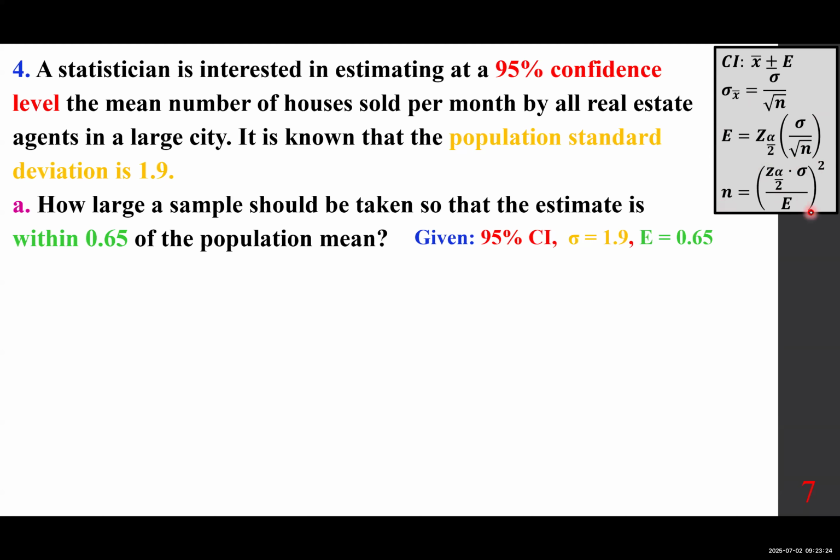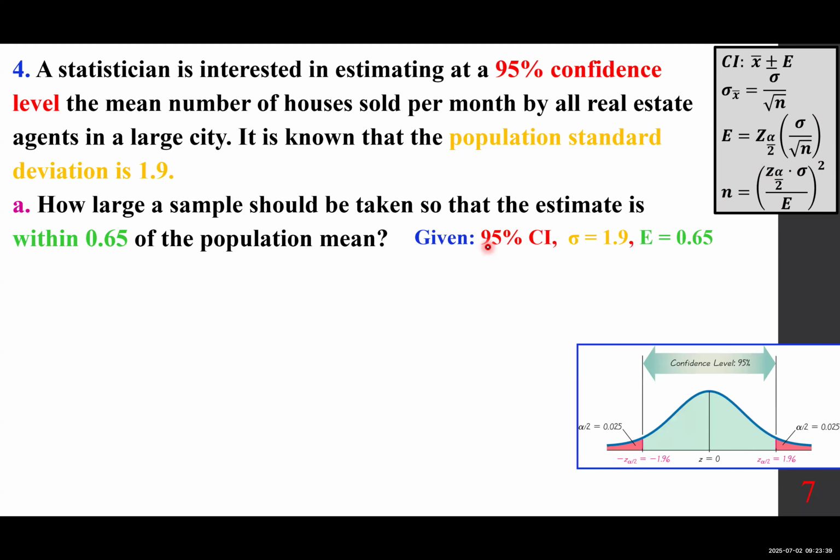So if I want to solve for n, I need sigma. I can see it here. I need E. I see it here. But what is Z of alpha over 2? It comes from the fact you're dealing with the 95% confidence interval. Now, 95% is one of those common intervals. That means the two tails would be 1 minus that, or 5%.